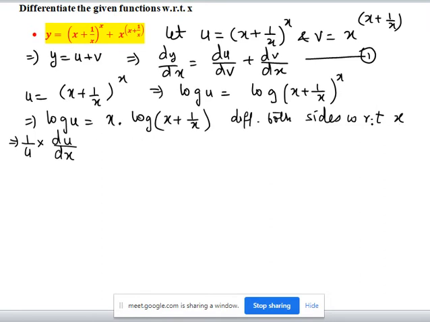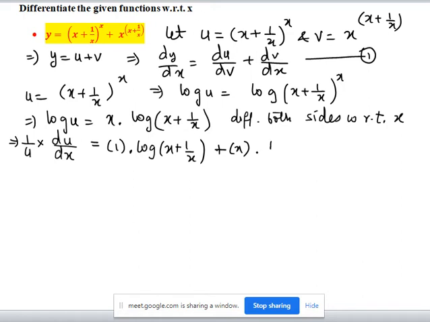Now moving on to the right side, you will apply product rule. I am going to do it directly. Suppose I differentiate x. So its derivative is 1. Second part will remain as it is. Okay, now I will keep the first part as it is, that is x, and we are going to differentiate the second part. Again, look at the second part. It is log of a certain function.